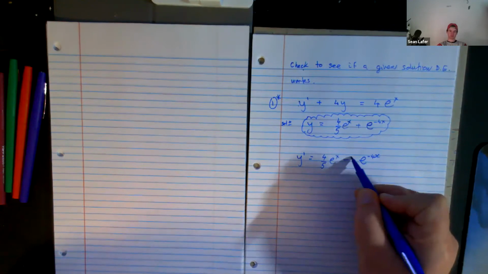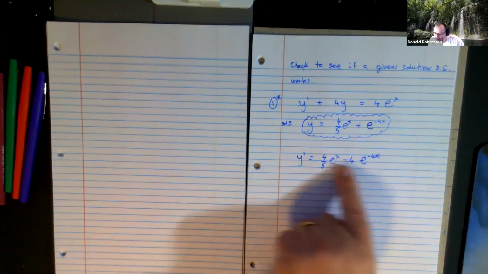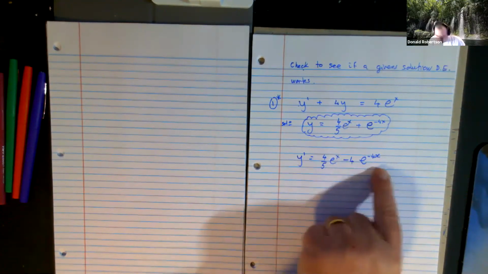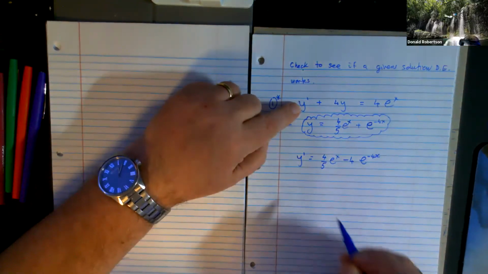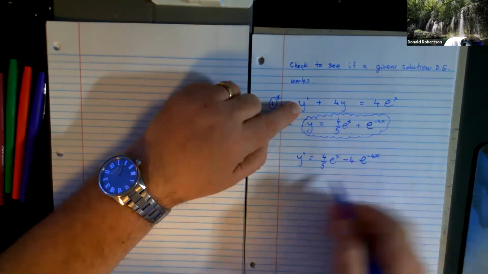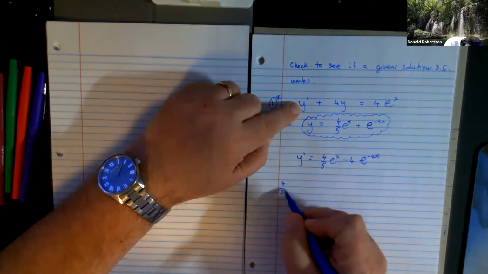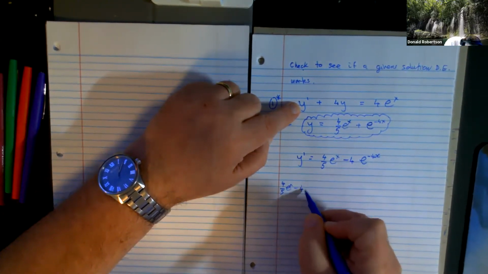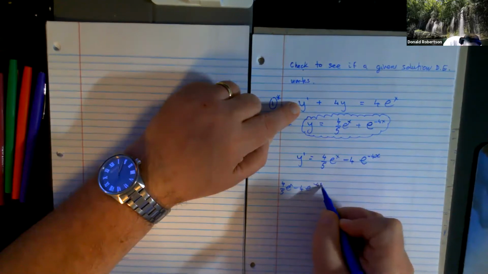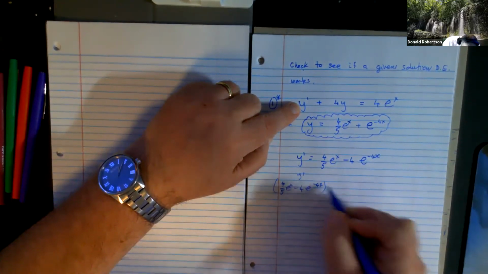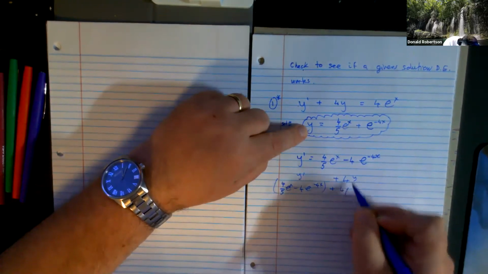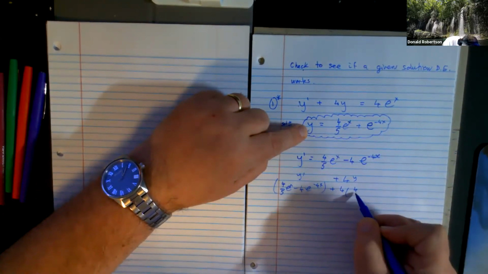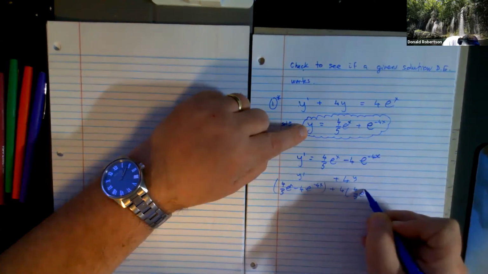Are you all happy that that's what y dashed is? Okay, now, the differential equation says y dashed, which is this. Right, so that's the y dash part, plus 4 lots of y, which means plus 4 lots of this, which is not the same thing as y dashed. It's a little bit different.